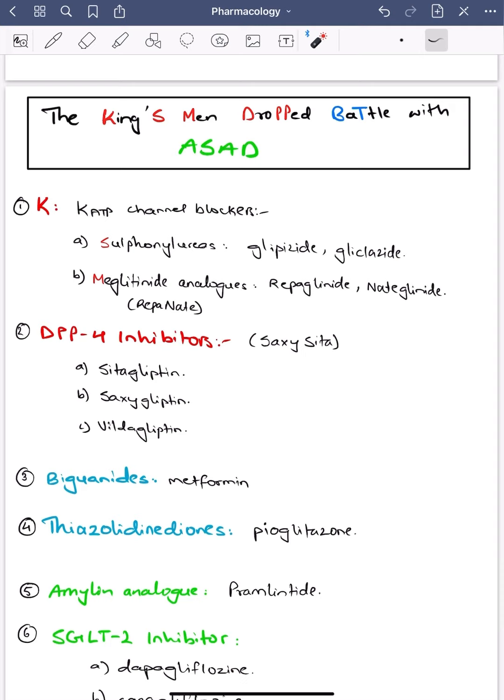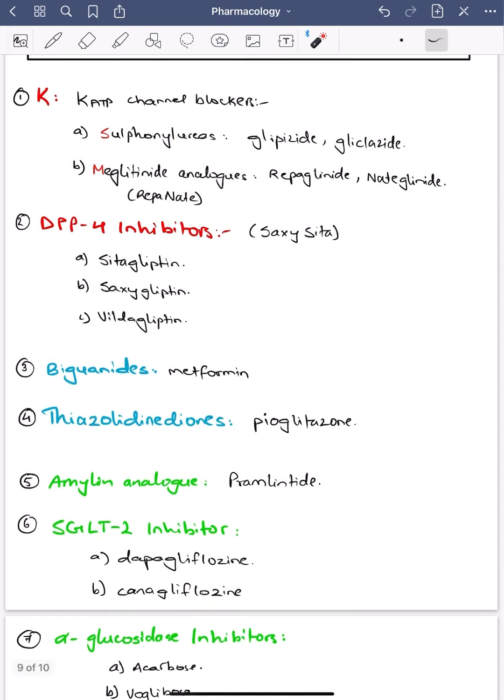K stands for the ATP sensitive potassium channel blockers like sulfonylureas and meglitinide analogs. Sulfonylureas: glipizide and gliclazide. Meglitinide analogs like repanate: repaglinide and nataglinide. DPP4 inhibitors: saxi-sida, saxagliptin, sitagliptin, and just remember vildagliptin.